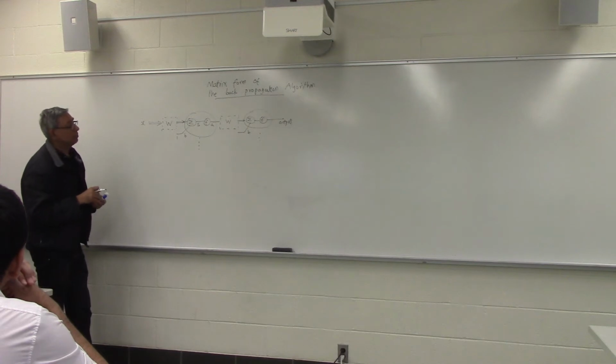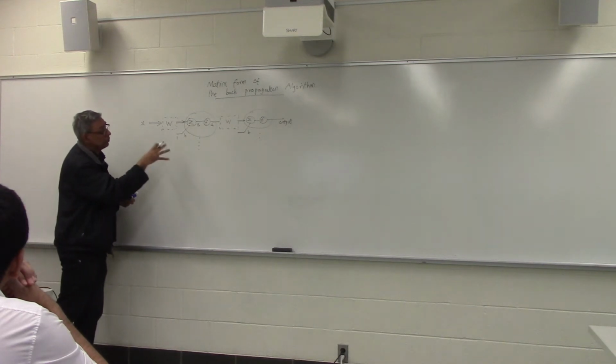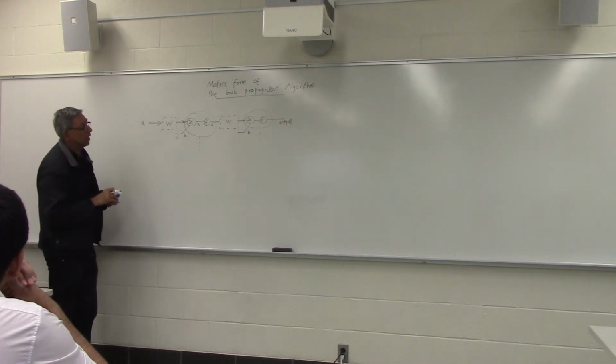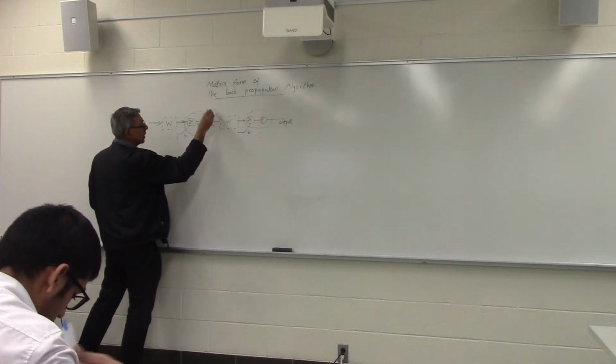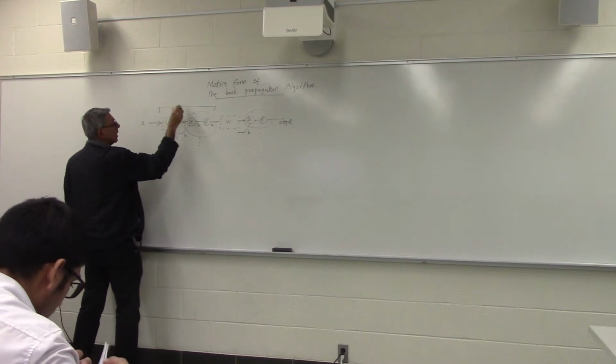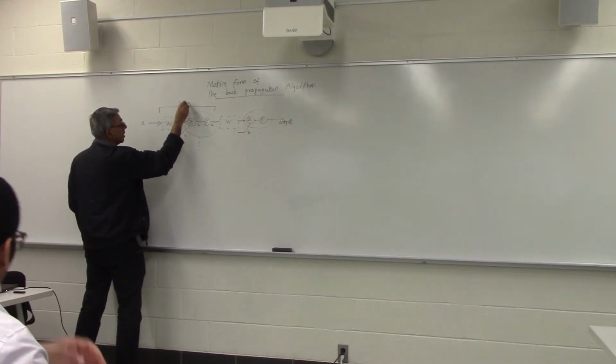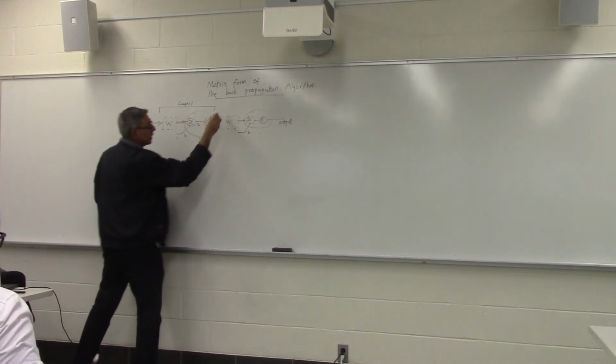The way we developed the algorithm, because as we write the code we'll just follow our development, so suppose there are two layers involved. Let's call this one layer 1 and this layer 2.